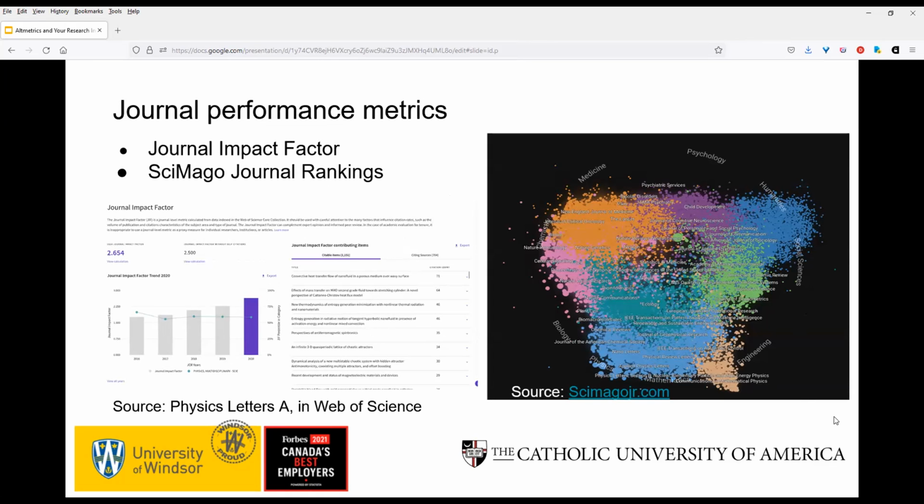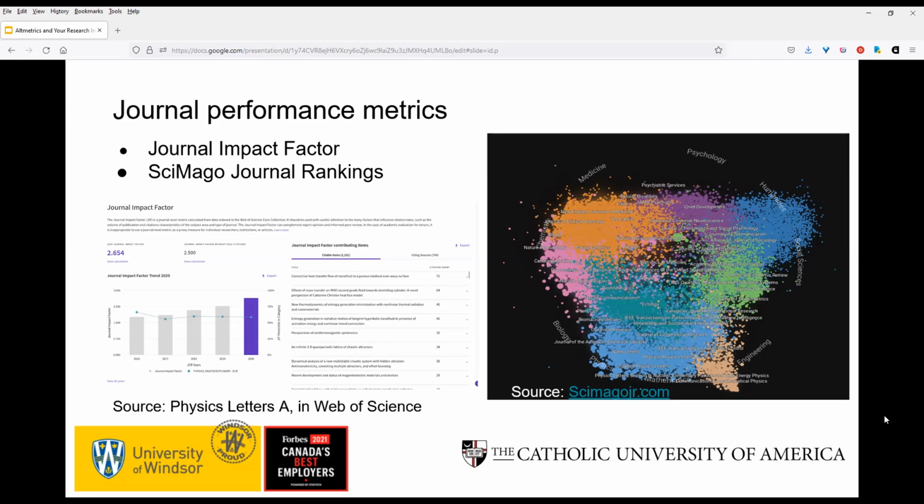There's other things. I mentioned the journal impact factor before that's available in Clarivate. It's actually a separate product from Web of Science. So depending on your institution, you may or may not have access to the journal impact factor. From what we can see here, we see a journal's impact over time.